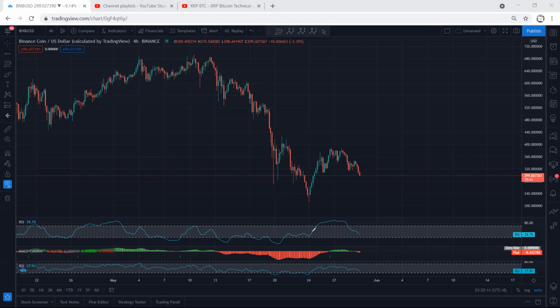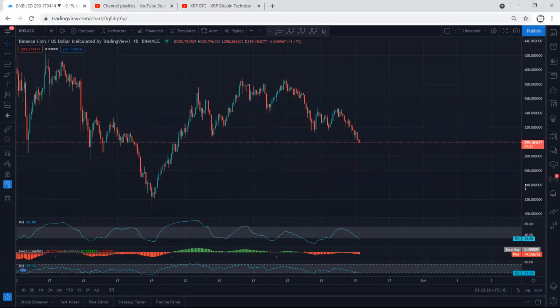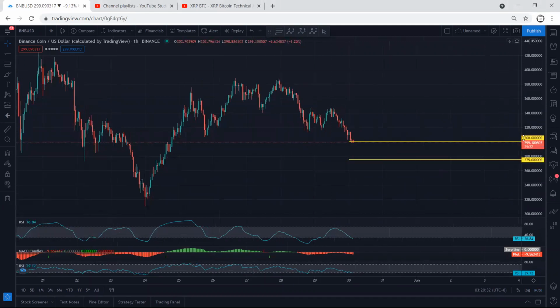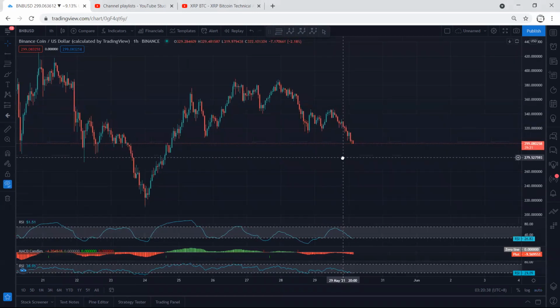And even based on 4 hour chart, we cannot look for the indicators unless the price retests the previous low. Then if we want to look for trade, we have to get the correction before we confirm whether we should look for buy or sell. And if we move to 1 hour chart, even based on 1 hour chart, as what we expected, the price dropped to 300. No, we don't have any trade setup, and that's why we cannot look for any trade.